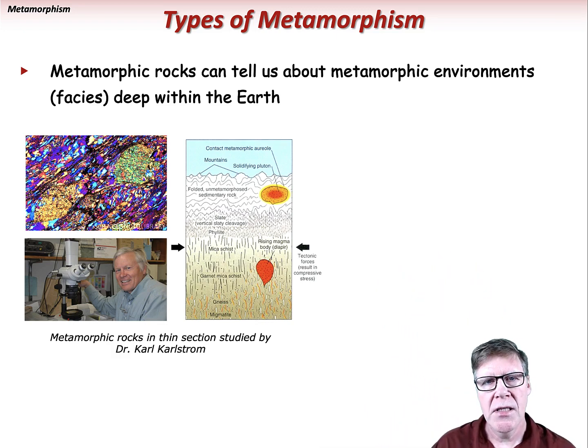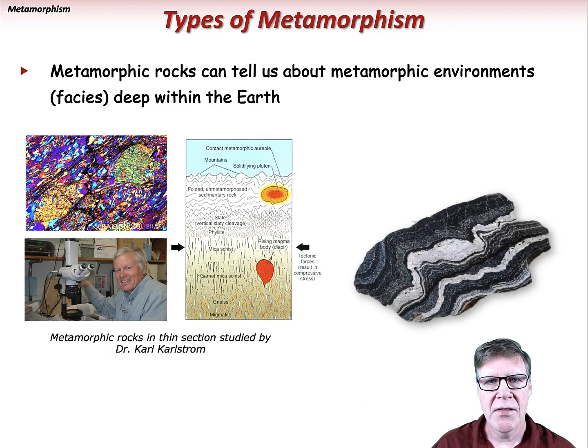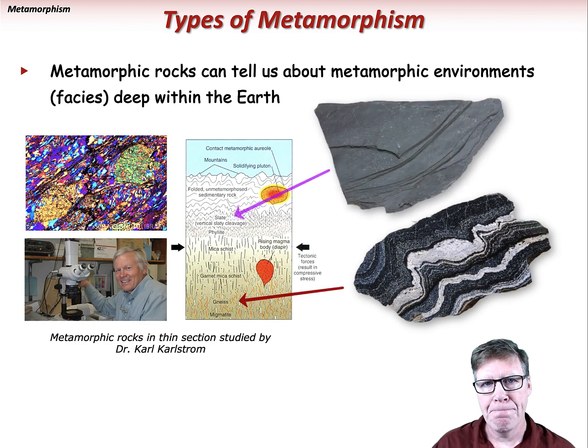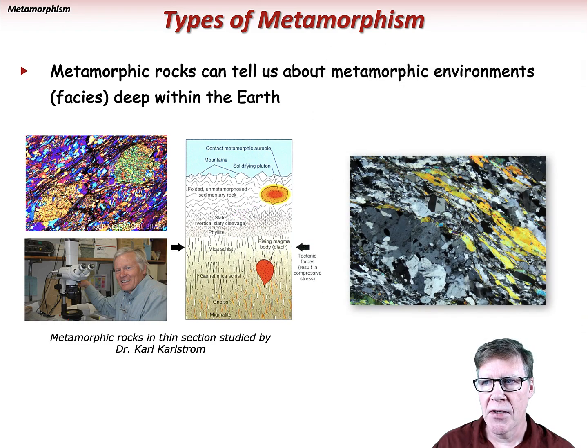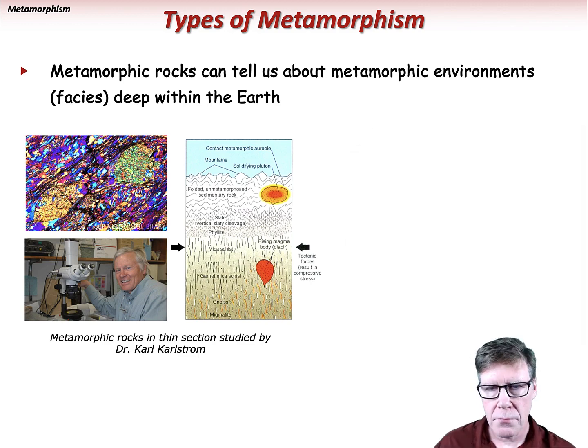For example, some metamorphic rocks like gneiss typically form at deeper crustal levels than rocks like slate. Study of thin sections under the microscope is usually necessary to yield more details about the metamorphic environments in which these rocks may have formed.